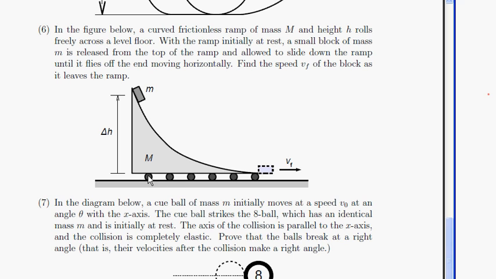So there's a force from the ground pushing up, but that's a straight vertical force. There are no forces acting on this little block or the big ramp except their interaction. The only horizontal force between these two is the interaction between each other. So since there are no external forces in the x direction, there's no impulse in the x direction, which means momentum in the x direction is conserved.